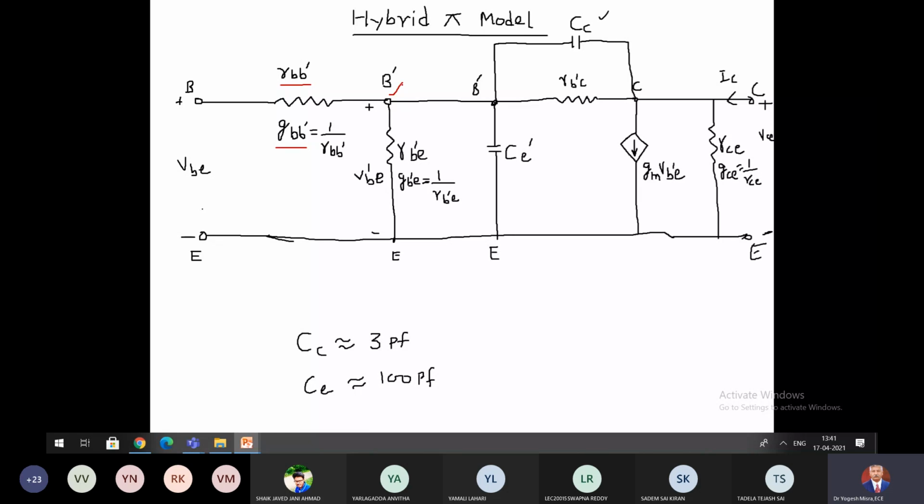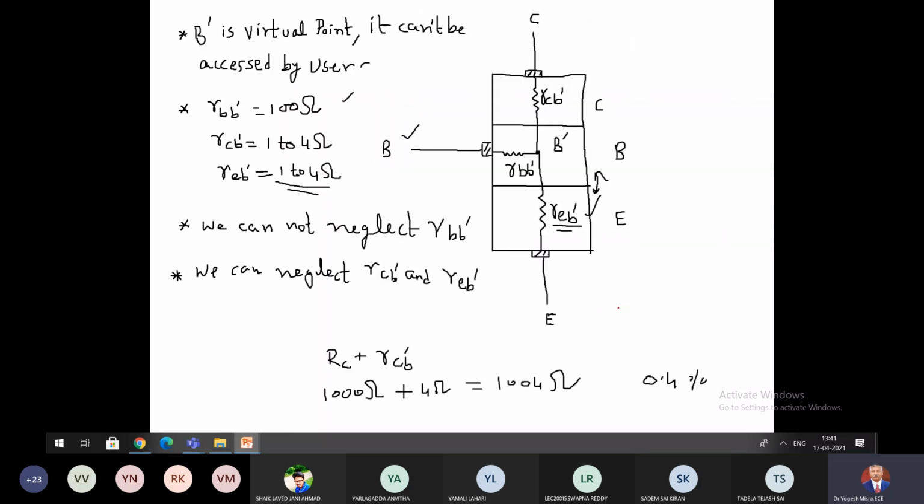Now this terminal is the B dash terminal. It is at the internal of the transistor. Already you know this circuit diagram, right? Here base is the external terminal and B dash is the internal virtual terminal.